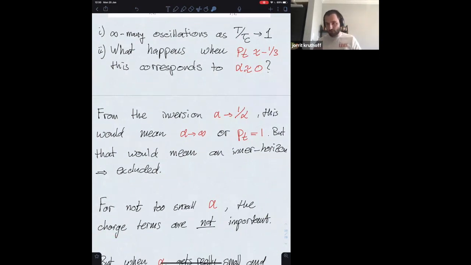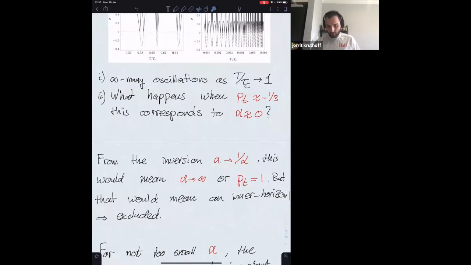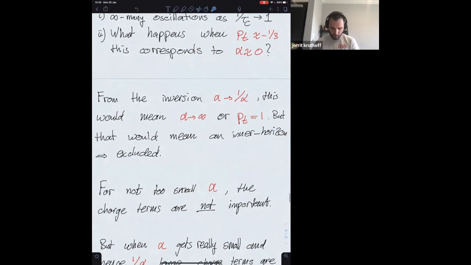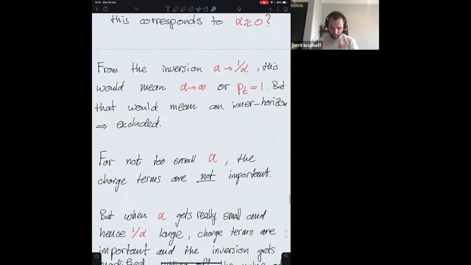In describing this behavior and the inversion, we dropped all the charge terms. But you can show by plotting the numerical solutions, it's a bit complicated but it can be done, that the charge terms become important again when PT gets really, really close to minus a third.